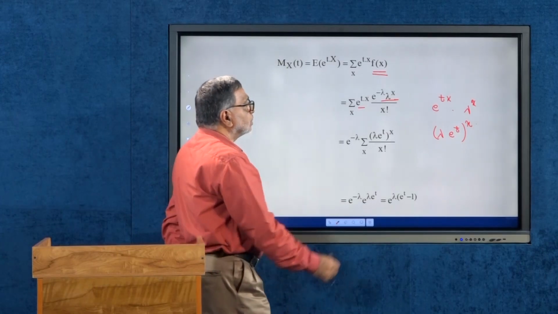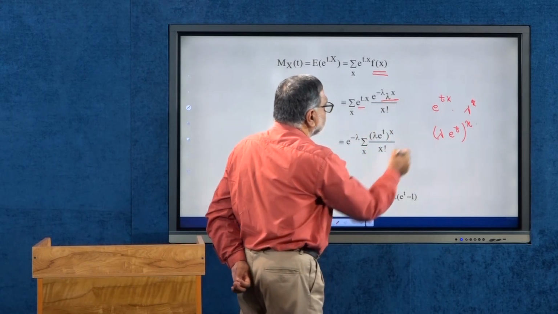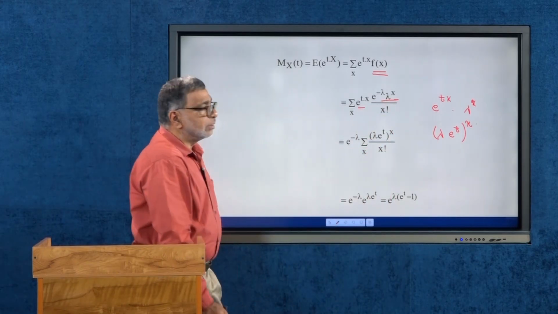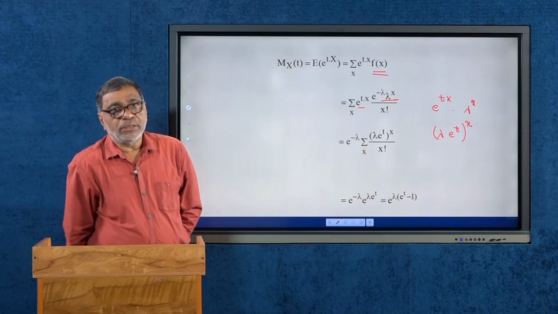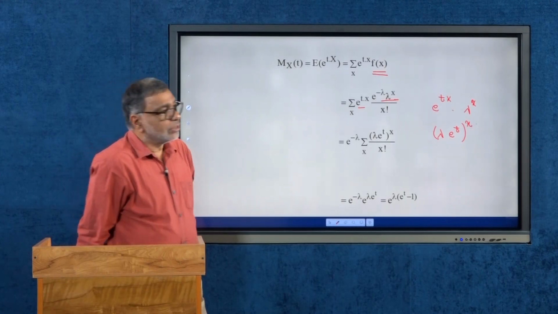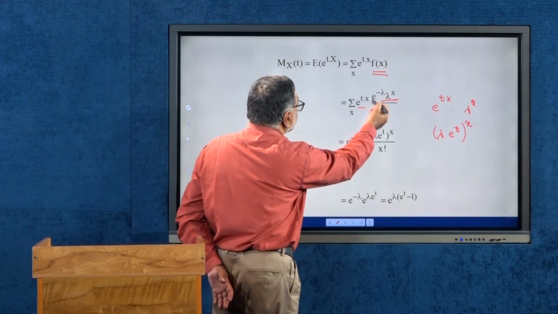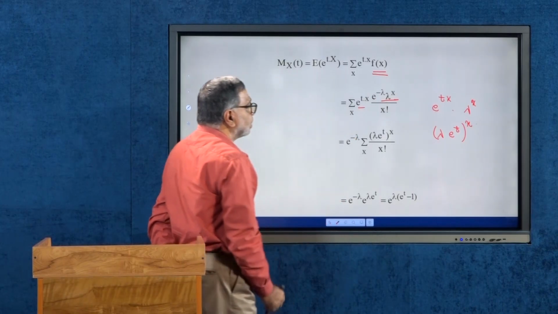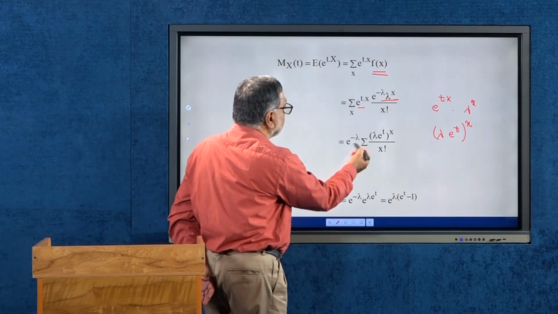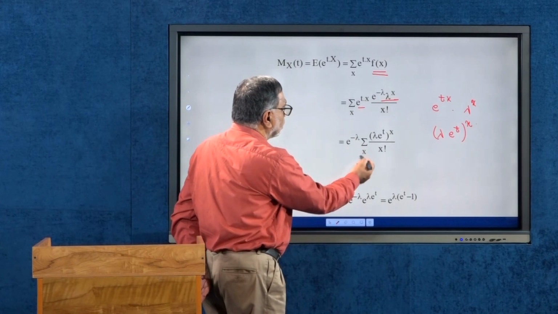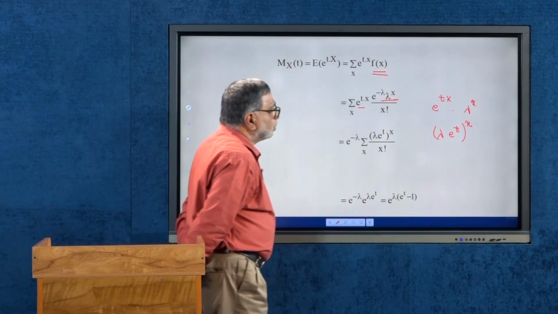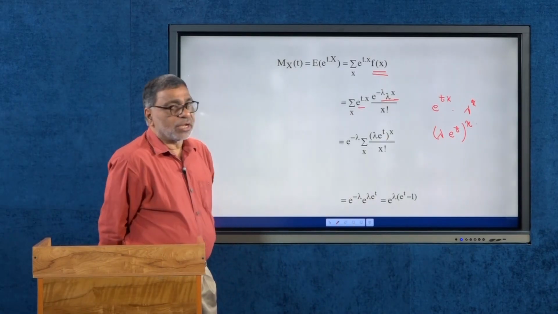These two factors are taken together, and you will get the value (lambda e power t) power x. And e power minus lambda is taken outside the summation sign, so you have e power minus lambda sum over x of (lambda e power t) power x divided by x factorial.